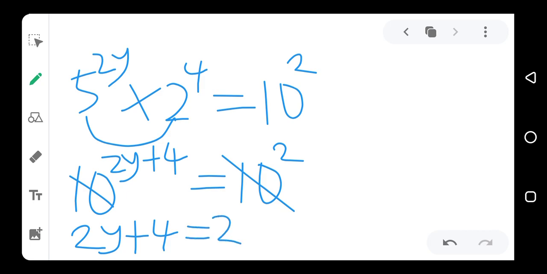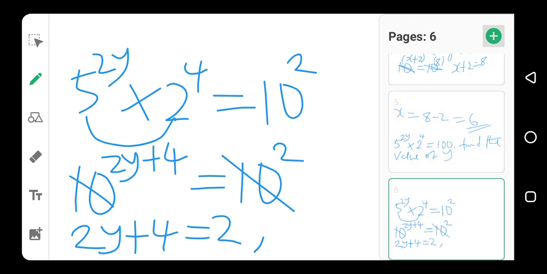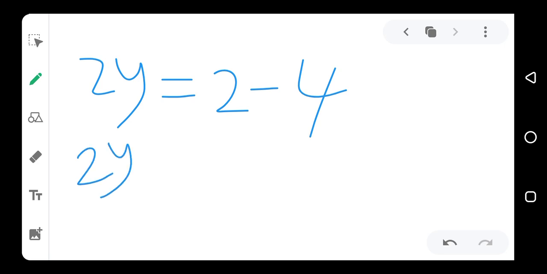Now this means that 2y is equal to 2 minus 4. 2y is equal to minus 2.